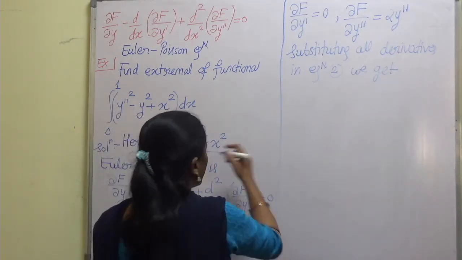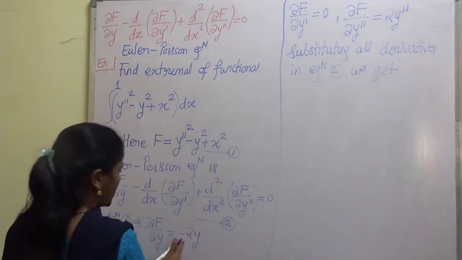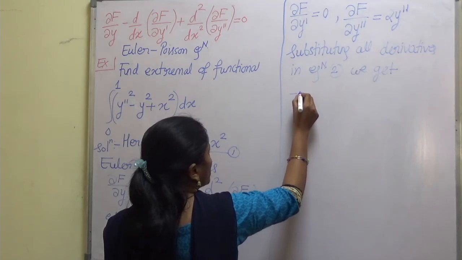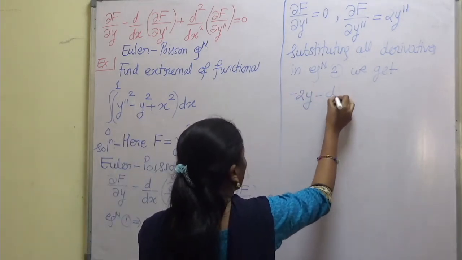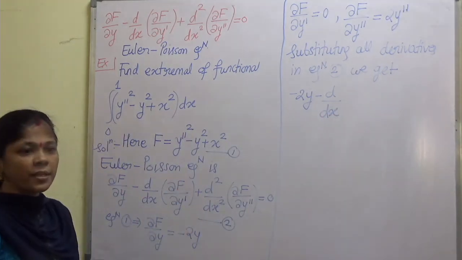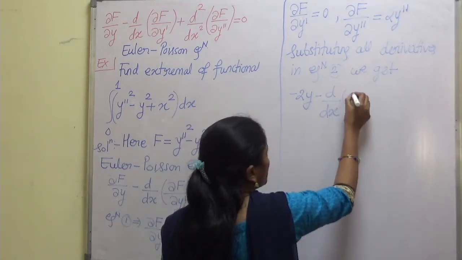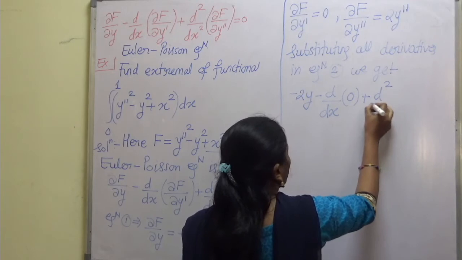It will be nothing but del f by del y, which is nothing but minus 2y, so minus 2 times y, minus then d dx of del f by del y dash. What is del f by del y dash? That is 0. Then plus d2 by dx square.